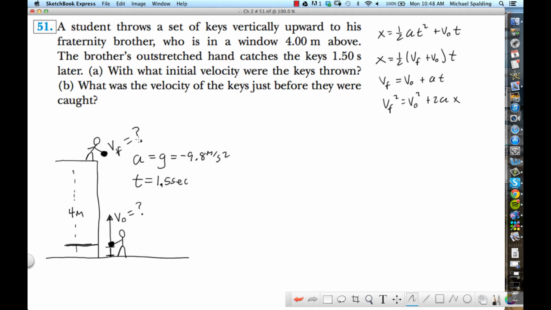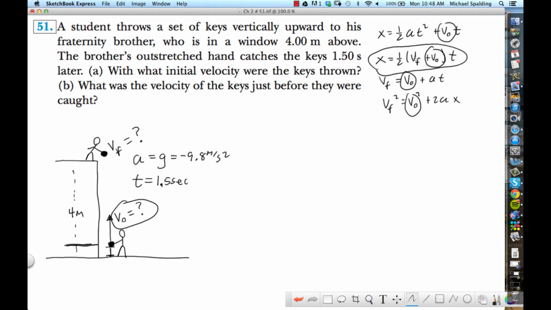So guys, how the heck can we find V initial with the data that we have? Now I wrote the kinematics up here. So we're looking for V initial. I'm going to circle all the V initials. V initial, V initial, V initial, V initial. Why will the second equation not work?